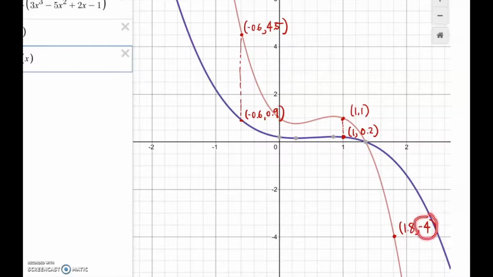So -4 times 1/5, that's -4/5. So it should get compressed to a point that is just slightly below -1. And so we'll see if it does. It gets compressed. Okay, and that y value is, this is 1 right here, so yep, that looks about right. This would be the point 1.8, negative about 0.8.